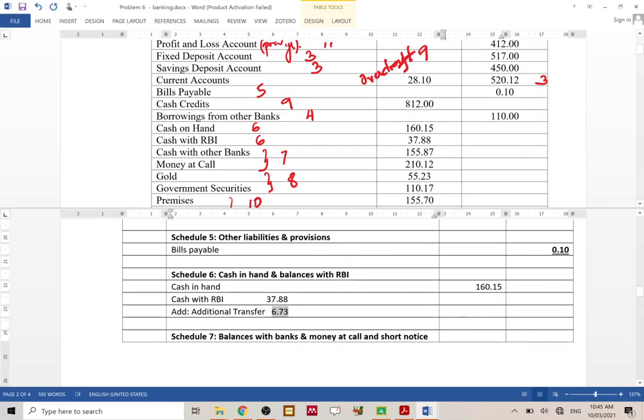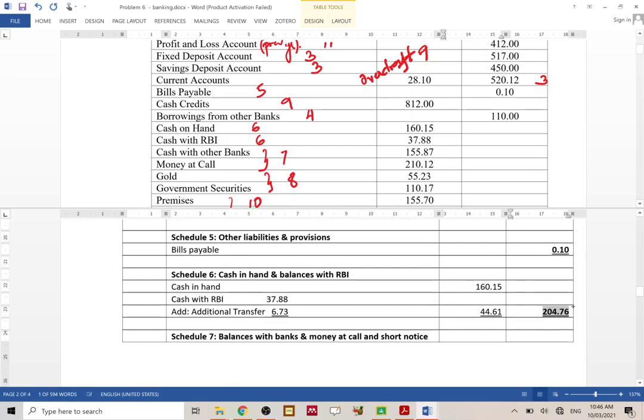Total you get of these balances outside is 44.61. All right, so the final balance, the actual balance that needs to be maintained with RBI, is 44.61. If you total this up, you get 204.76.